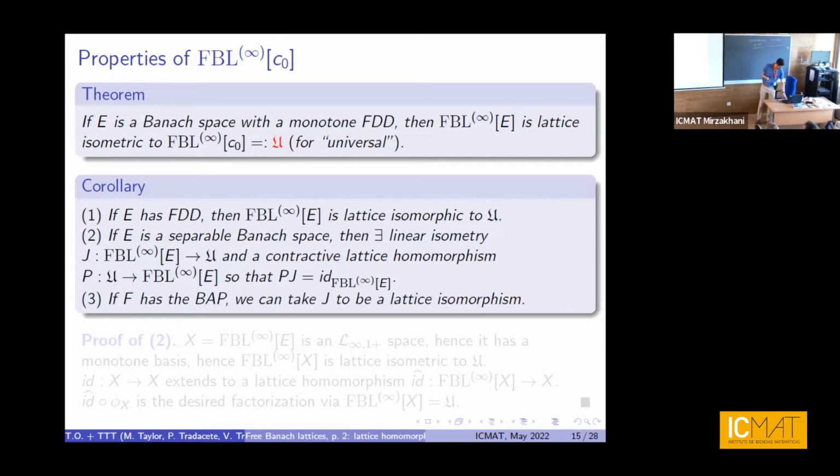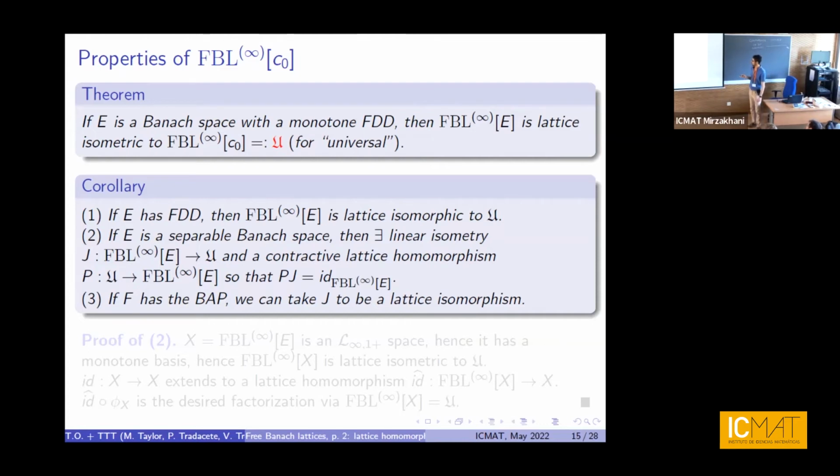Or well, sometimes we actually do, because if E has a bounded approximation property, then J can be made to be a lattice isomorphism. So in the BAP case, we actually do have a lattice factorization.